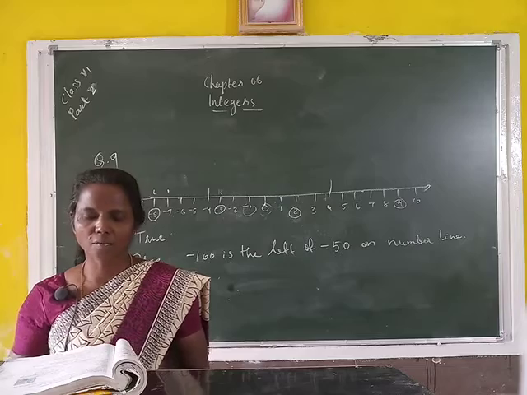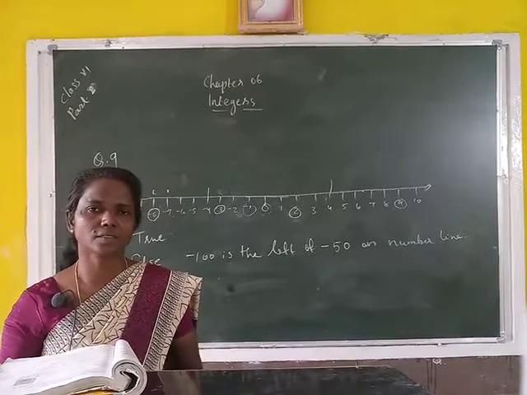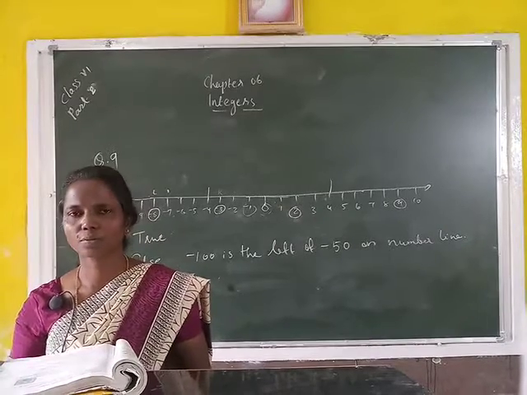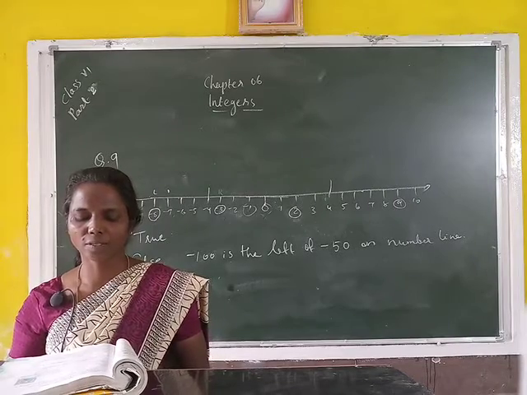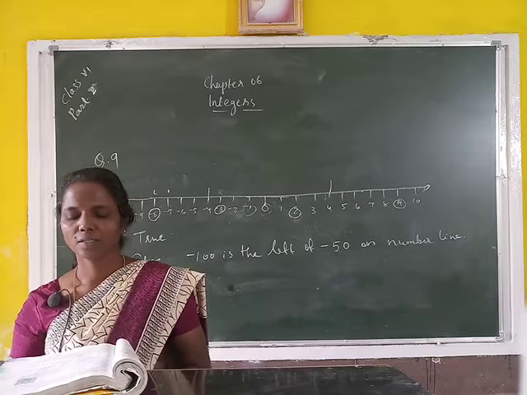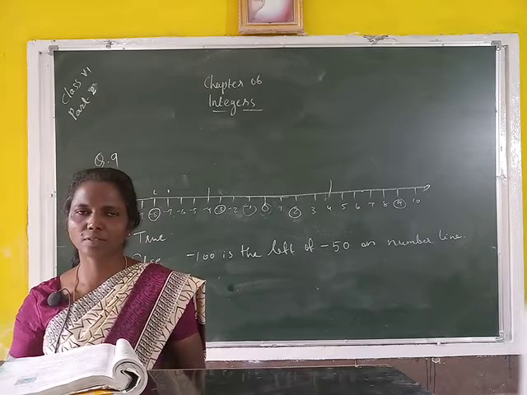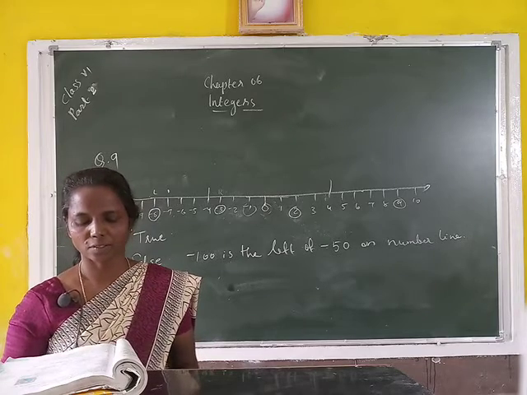The next question number C. The smallest negative integer is negative 1. Is it true? This is false, because we cannot find the smallest negative integer.